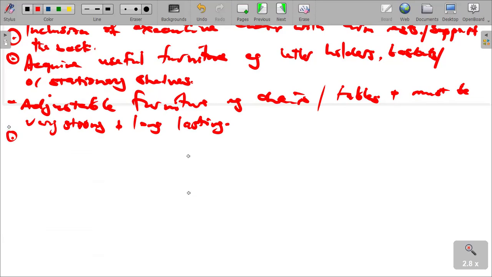And maybe to add on, it is also very important that the choice of leather furniture or plain wooden furniture must also be considered. The decision on the type or make must be considered.